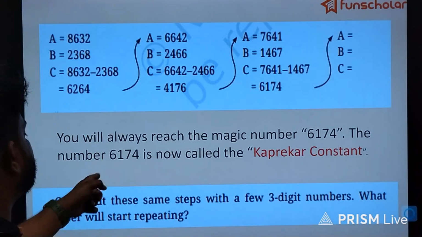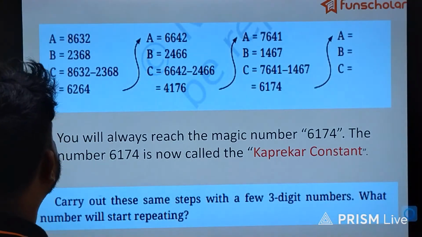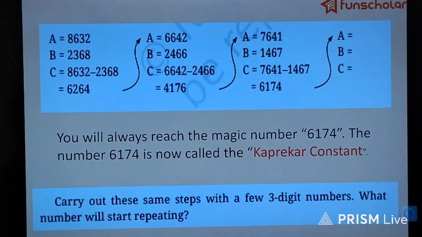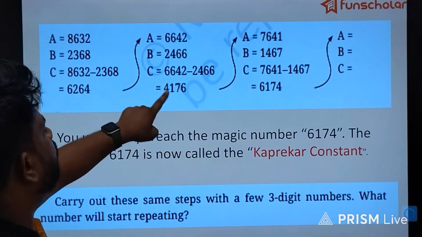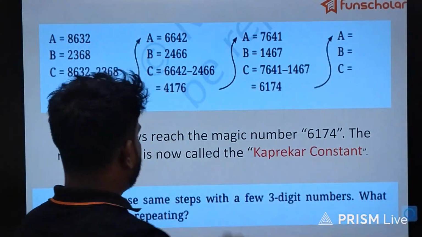The number 6174 is now called the Kaprekar constant. Okay, so we have taken from this number, it will be 6264, and for this case it will be 4173, it will be 6174. So A, B, C will be this.